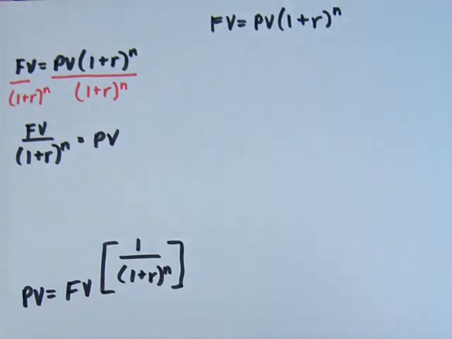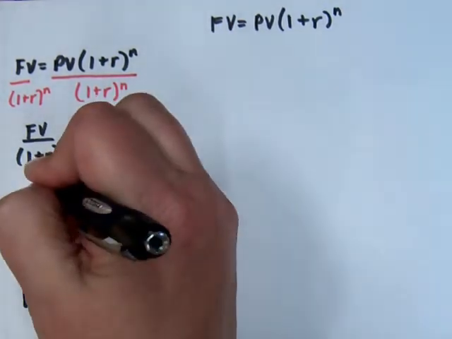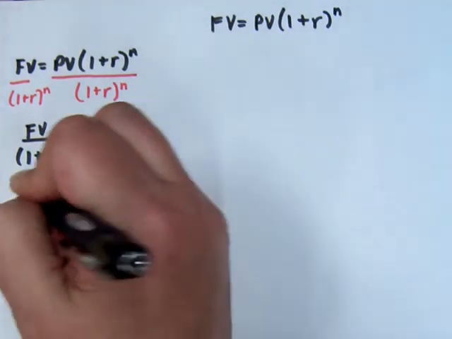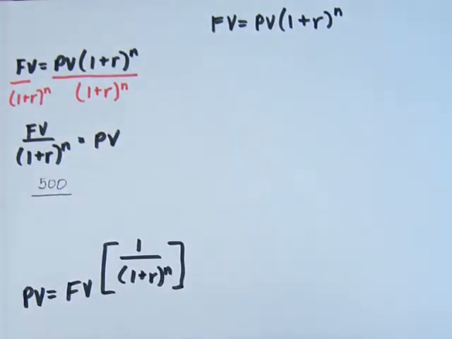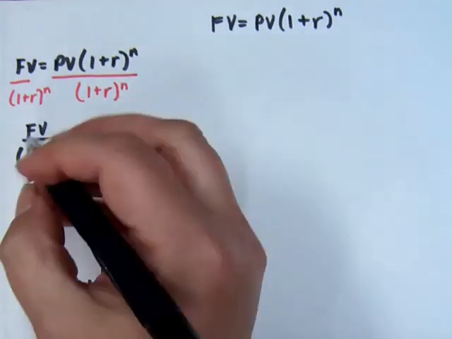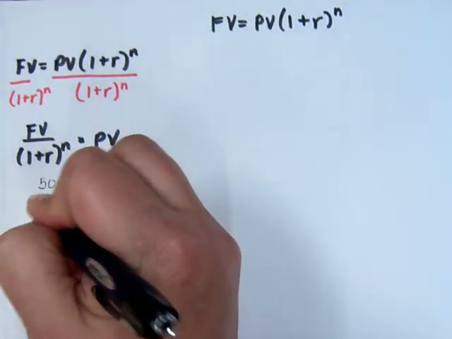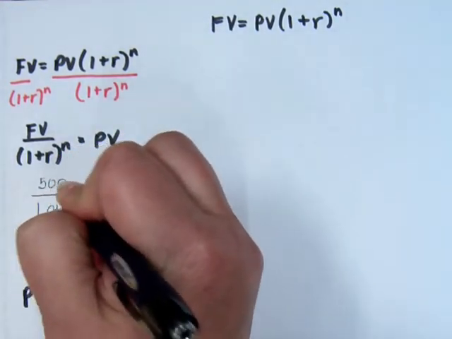Now, to check it, we can look back to example 3.2 and take the future value, remember Donna and the savings bond, $500, and divide it by 1 plus r, which was, I think, 1.04 for 20 years.